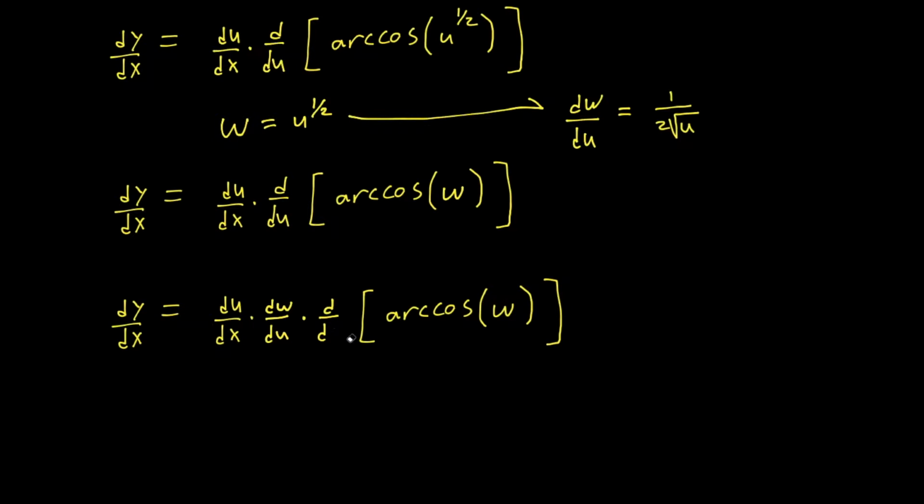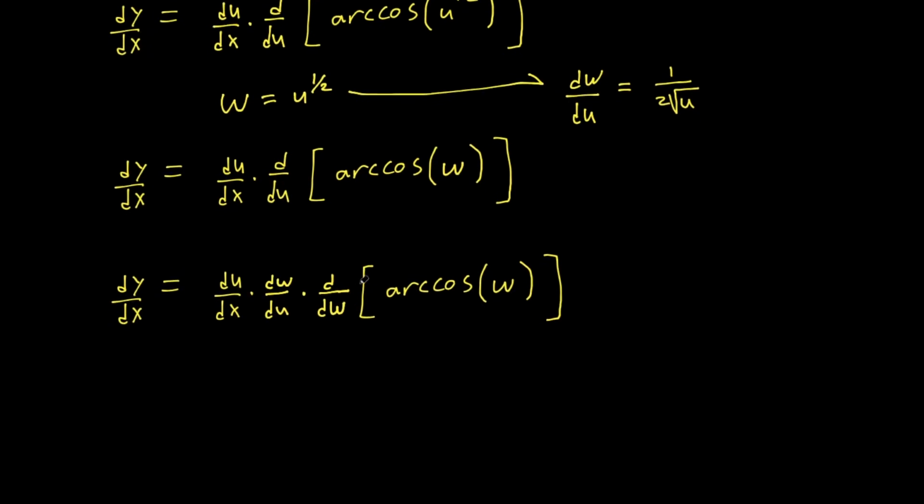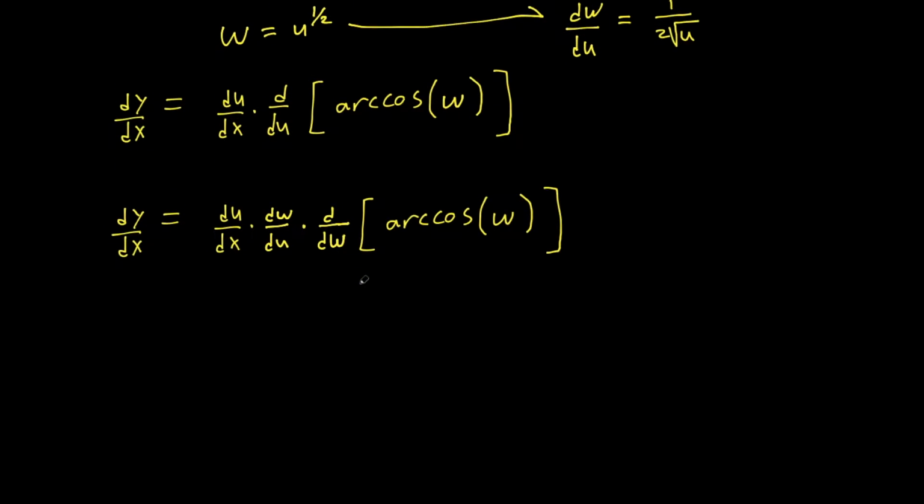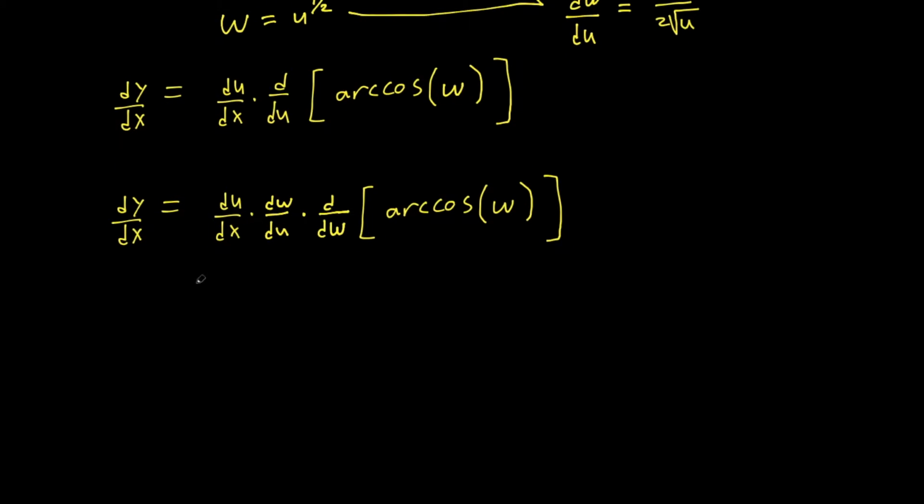Notice that this dw crosses off with this dw, and this du crosses out with that du, so what we're left with is the derivative with respect to x of arc cosine w. So it's a kind of an interesting extended chain rule.